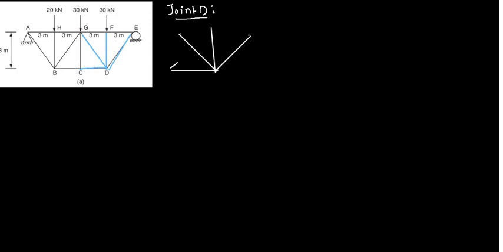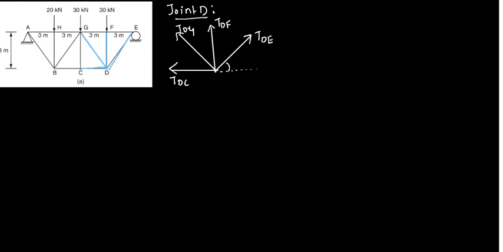Because we already have the values from the previous equilibrium condition, I need to write them. This is TDE. Just observe the figure, you will get an idea. This is TDF, this is TDG and this is TDC. I will extend this. We have 45 degrees here.